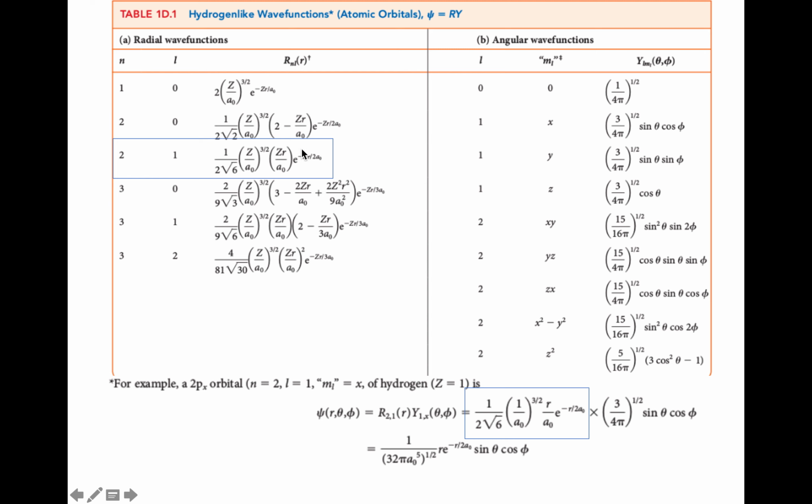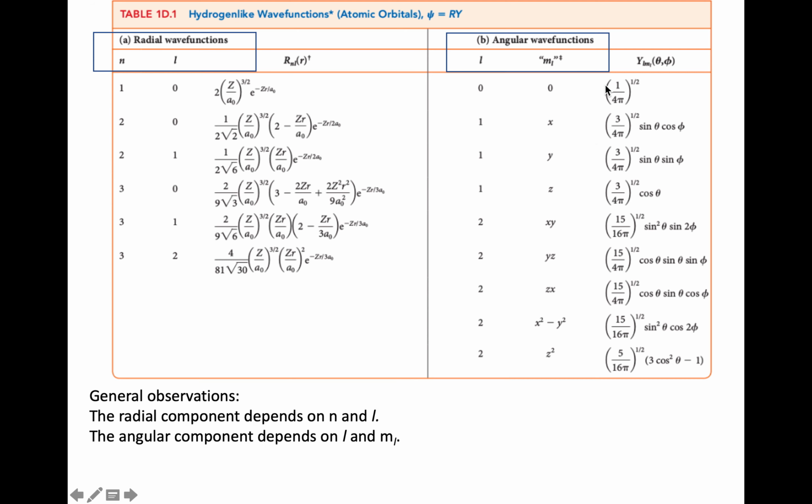We have a radial component that went with the 2p, and then the corresponding angular component. So that big equation, this is showing how it fits together for the different parts. If you had a 1s, you'd be combining this radial component with this angular component.